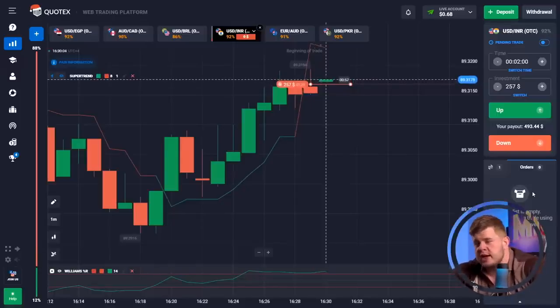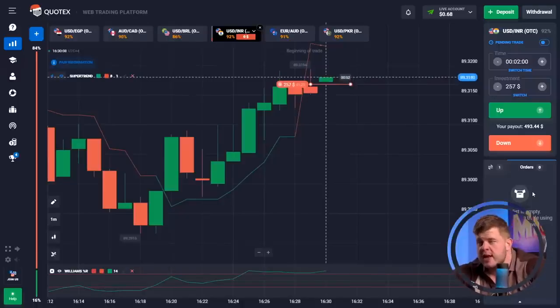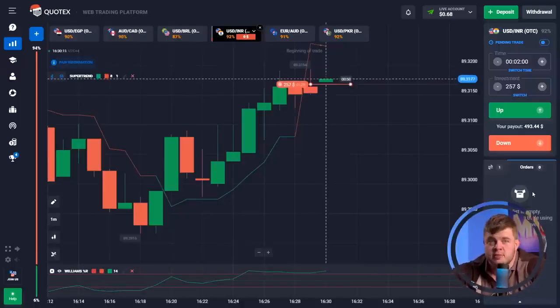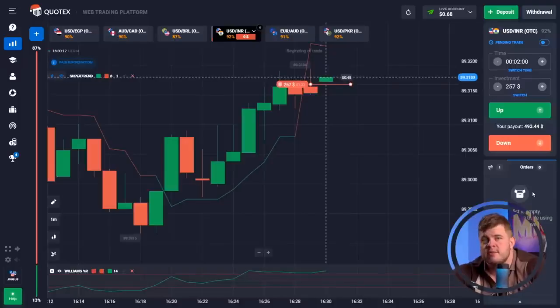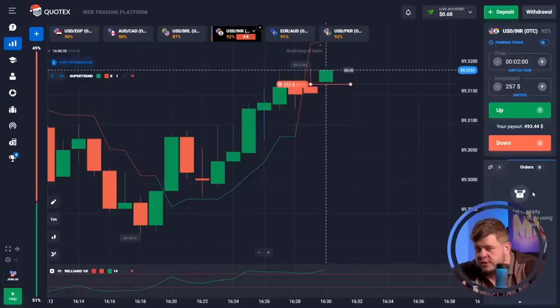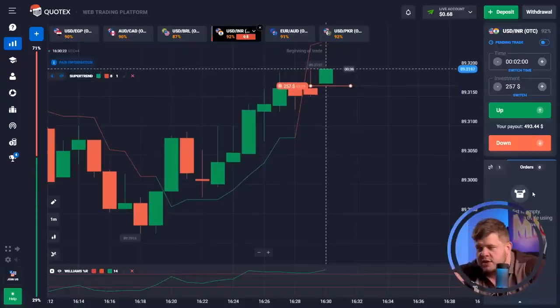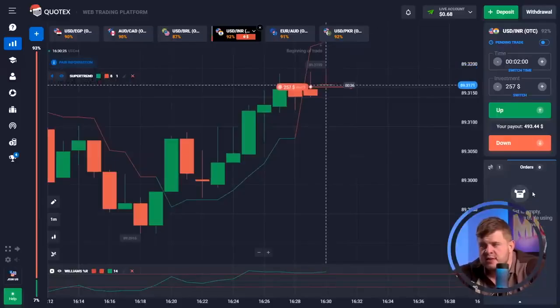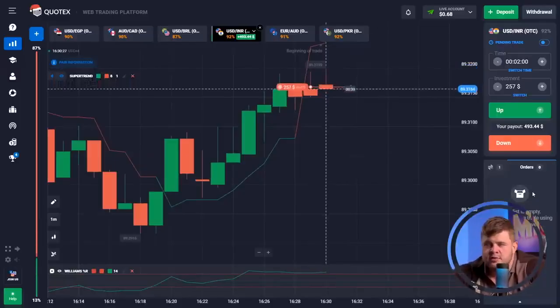Contrary to that situation, if candles are above the Super Trend line and it becomes green, it gives us information that we have a possible bullish upward movement, and we should open a buy position. So everything is very simple. Just look at the position of the candles and the color of the Super Trend line, green or red.